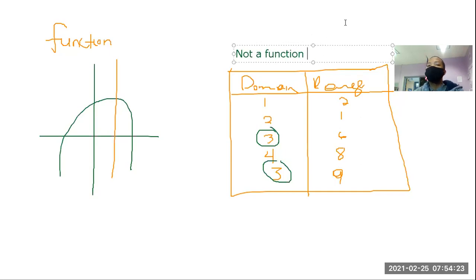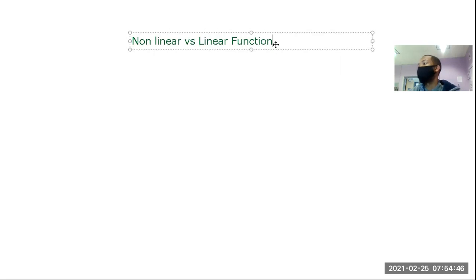Okay, just to review. Now, if we're looking at the new topic, which talks about linear versus nonlinear functions, we already know what makes a function.